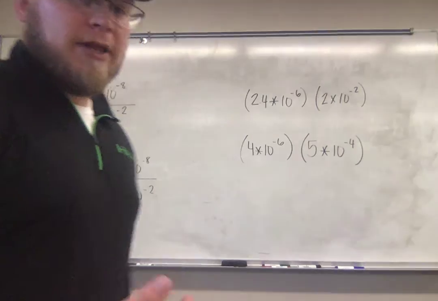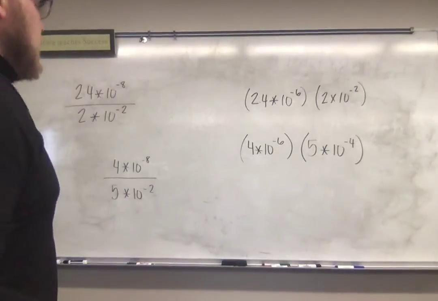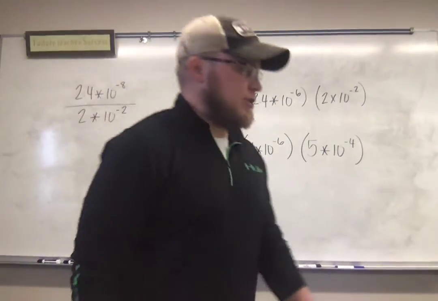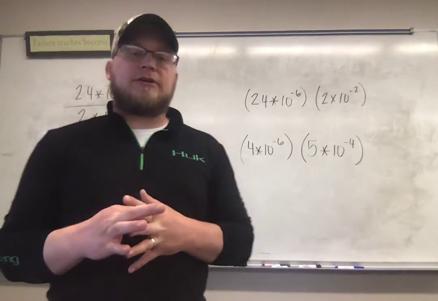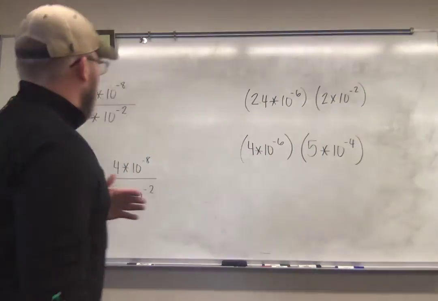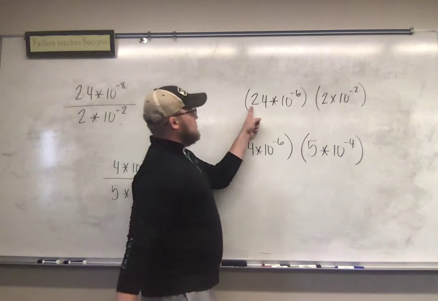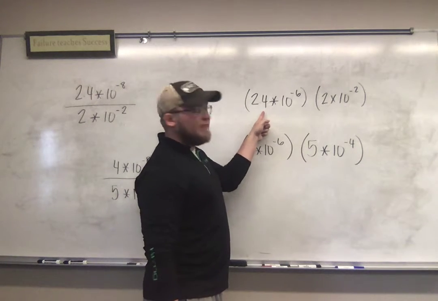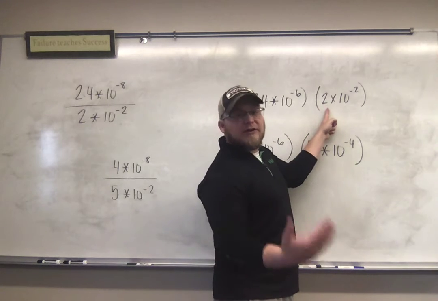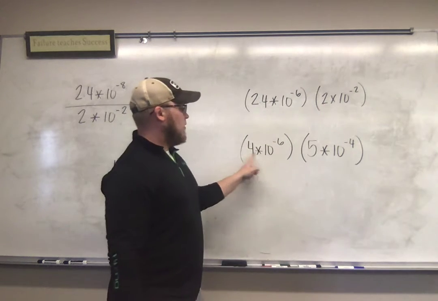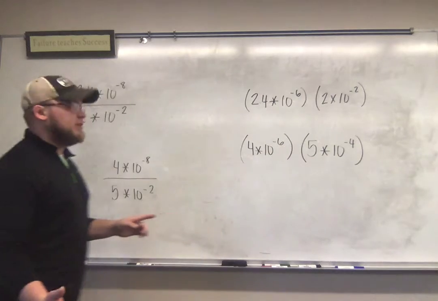There's just a couple steps, but just to reiterate, the first rule of anything in scientific notation: the very first number, like this one, 2.4, that's the very first number. Or this one, number 2. 4, 5, those are all the very first number.